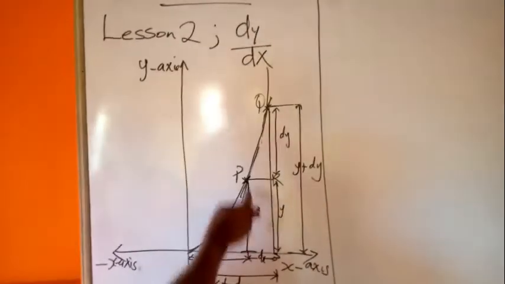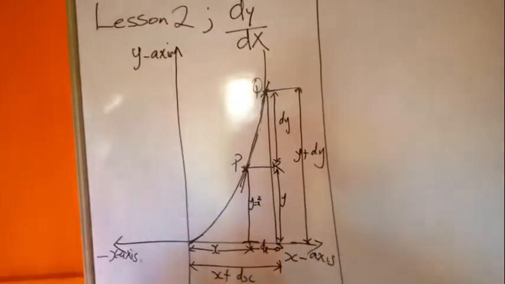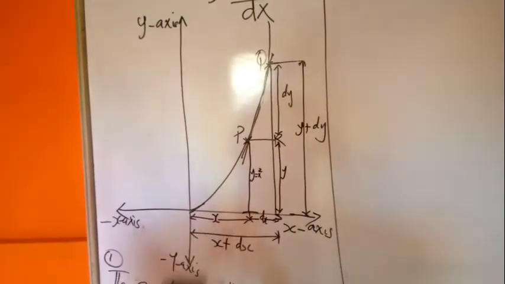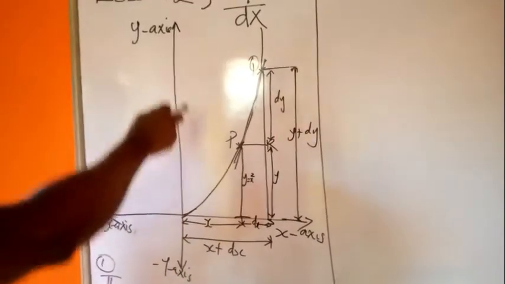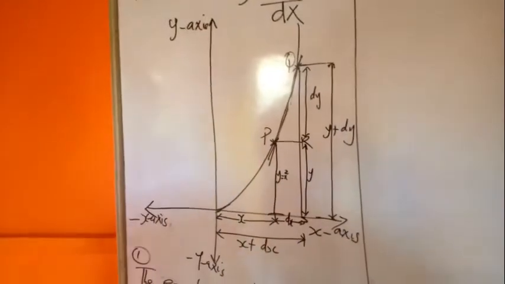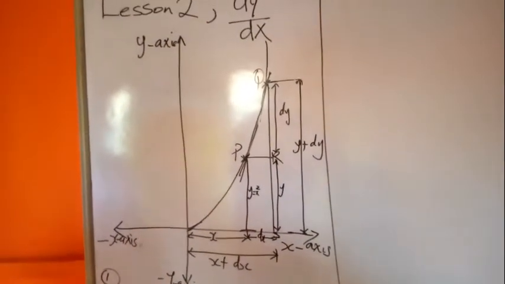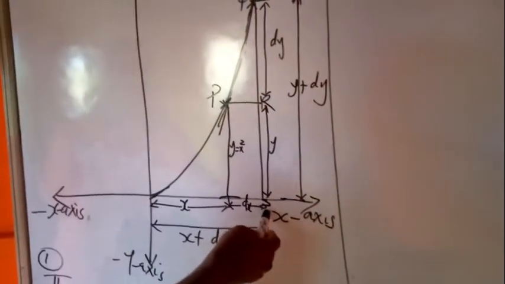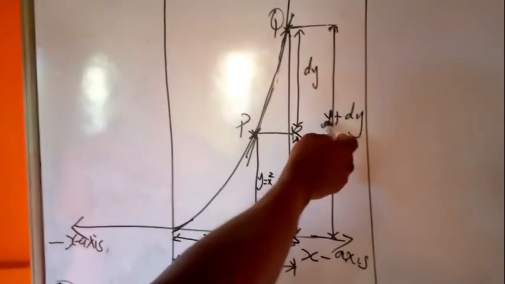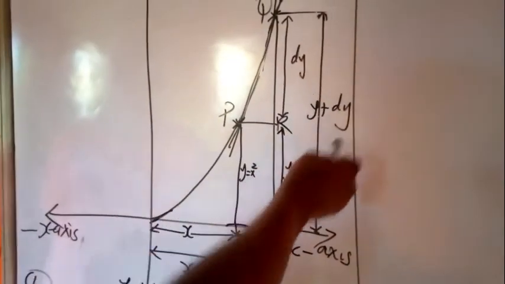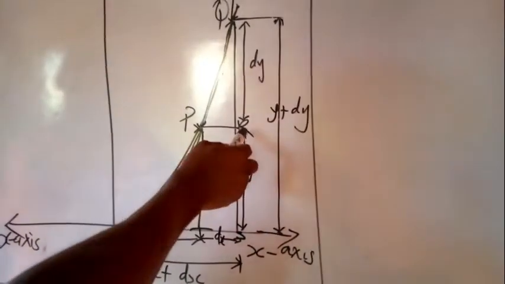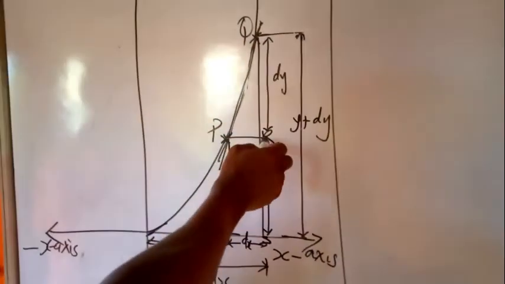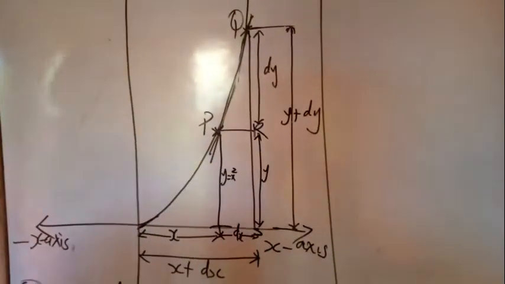And x squared actually means it is along the vertical line, and therefore y is simply x squared. So therefore, we now have from q to x is simply y plus dy, which means from the arrow to s is y, and from q to the arrow is dy.